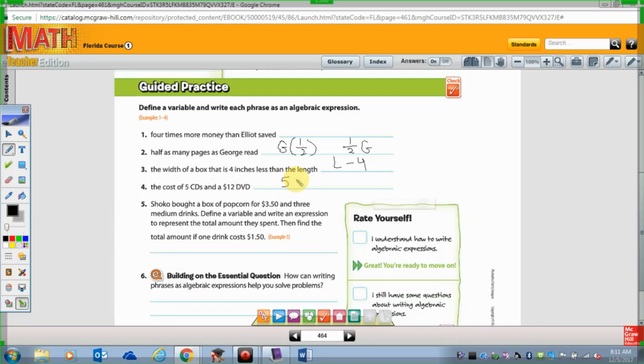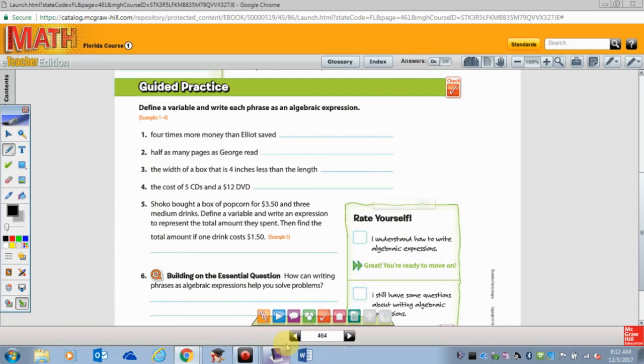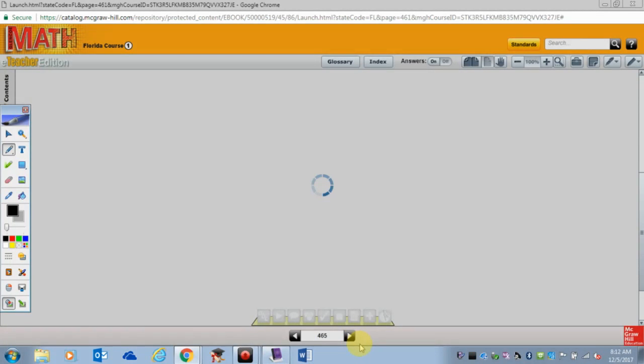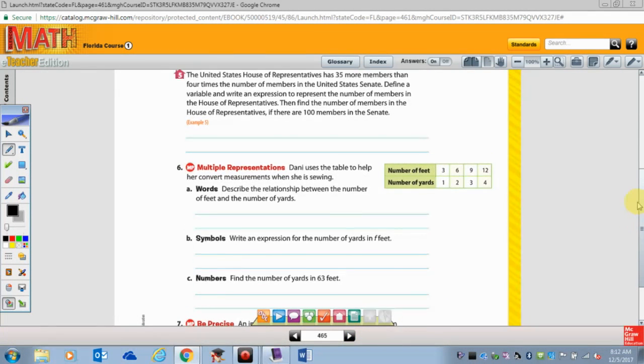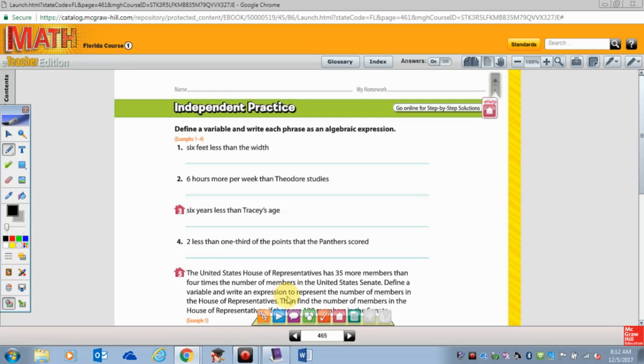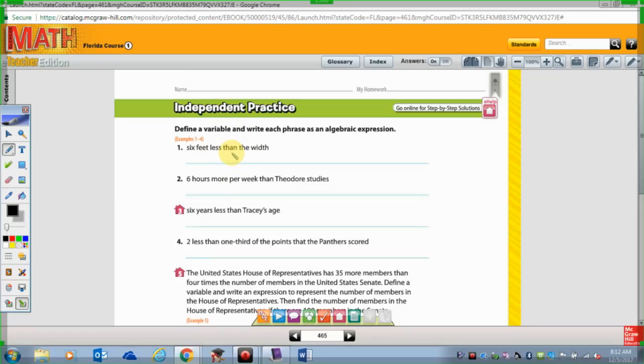So 5 CDs plus 12. Another representation, 6 feet less than the width. So the width is W minus 6.